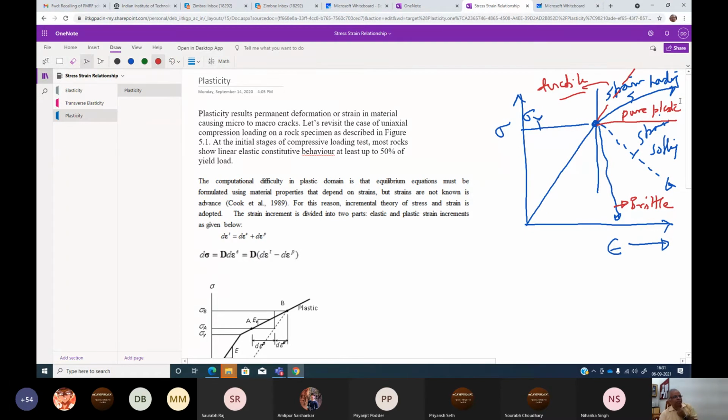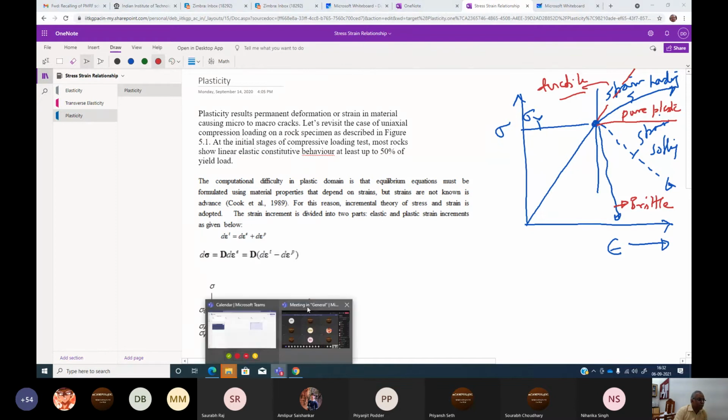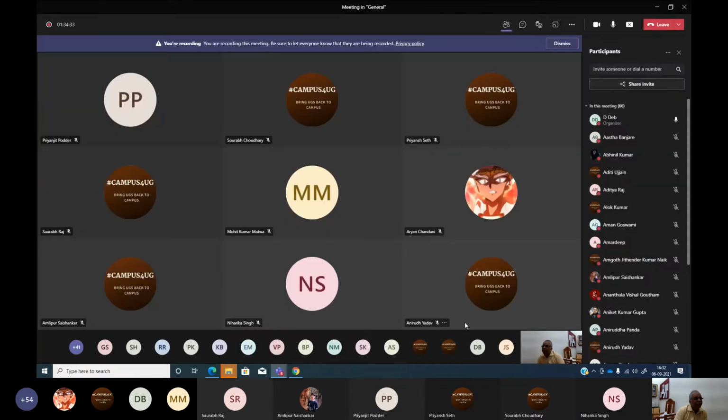Now, let me ask you. You tell me, gold: is it a ductile material, or a brittle material, or a strain softening material? There is a particular reason why I asked for gold.